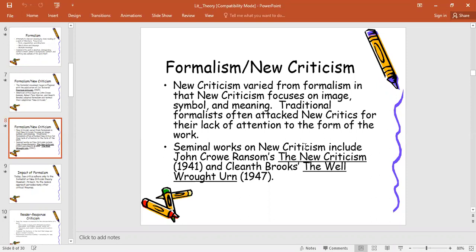Seminal works on new criticism include John Crowe Ransom's New Criticism in 1941 and Cleanth Brooks' The Well-Wrought Urn. Here we have the clear difference between formalism and new criticism, and traditional formalists.